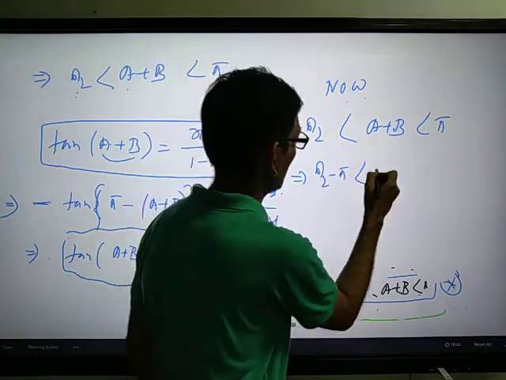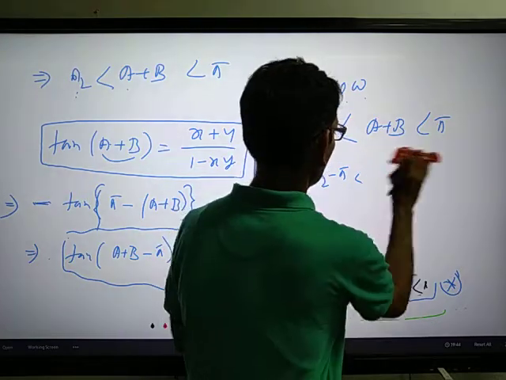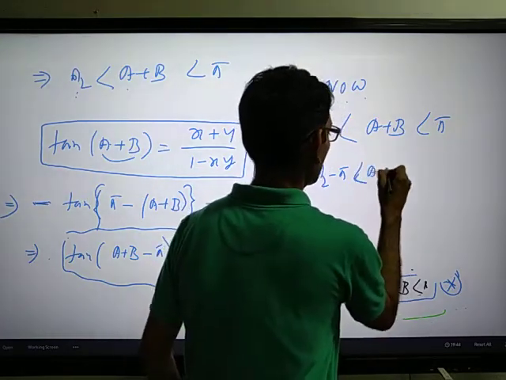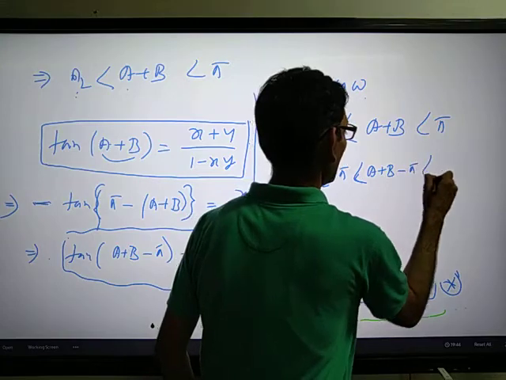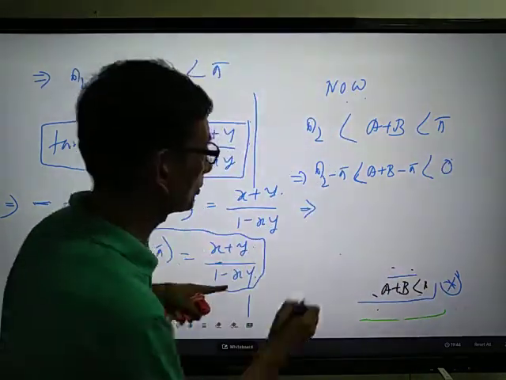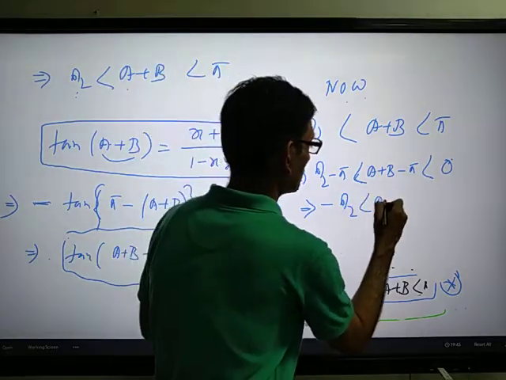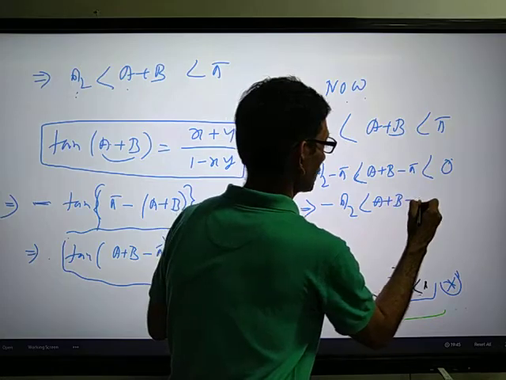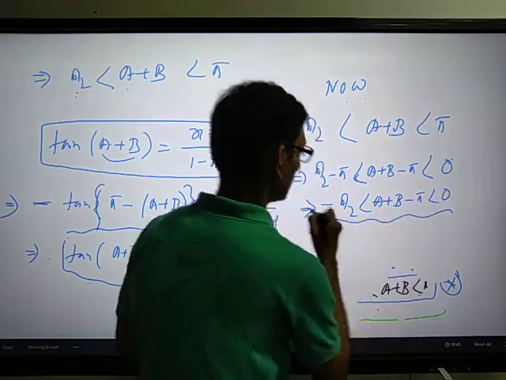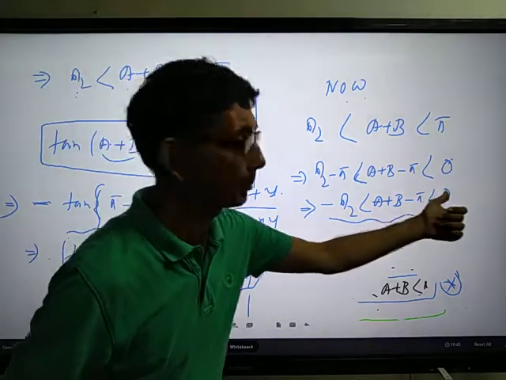That is π/2 − π, a+b−π, and π − π is 0. So π/2 − π is −π/2, and a+b−π is less than 0. Have you seen that a+b−π lies between −π/2 and 0?